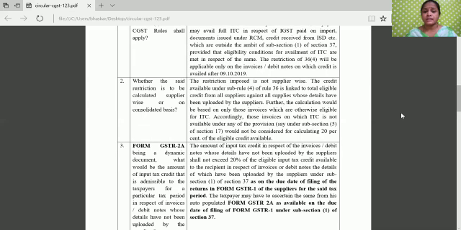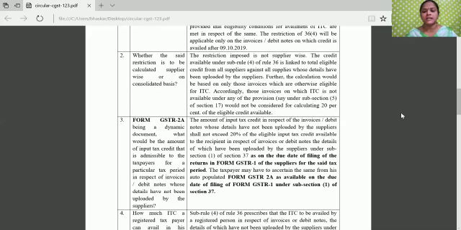That is, the amount of input tax credit in respect of those invoices or debit notes whose details have not been uploaded by the suppliers shall not exceed 20% of the eligible input tax credit available. The eligible input tax credit available is a dynamic term, and we have to understand the meaning and context of this term.